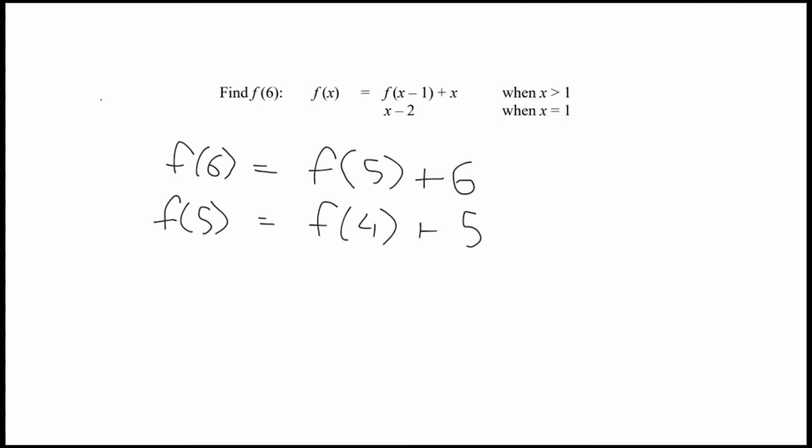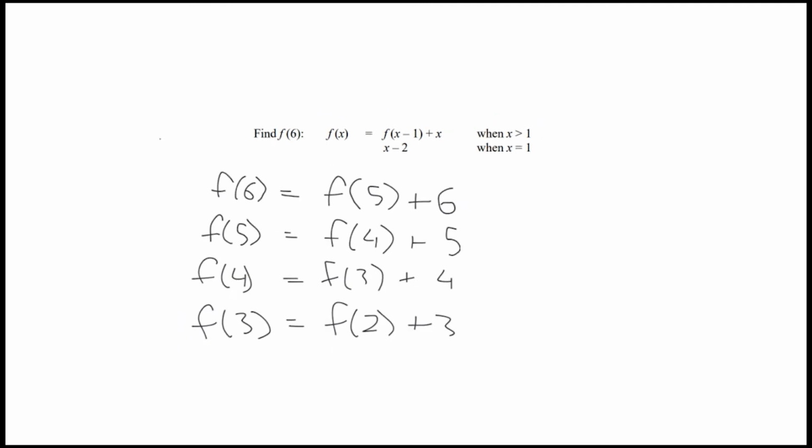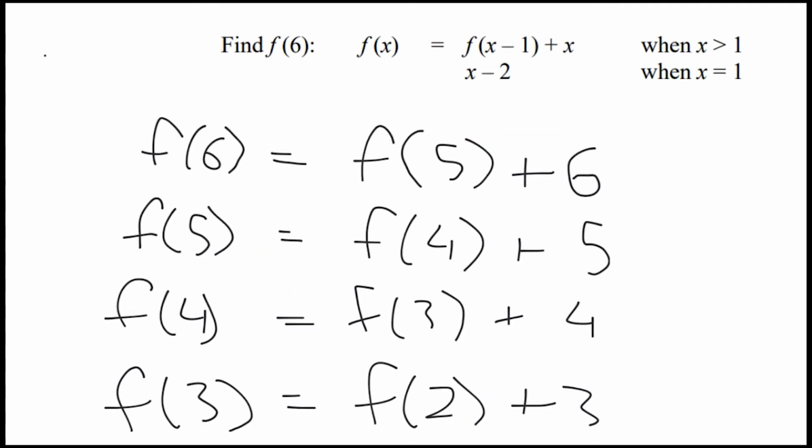And once again, we need to figure out what f of 4 is. We plug it into the original equation, we get f of 4 minus 1 plus 4, and that is f of 3 plus 4. F of 3 would equal f of 2 plus 3.